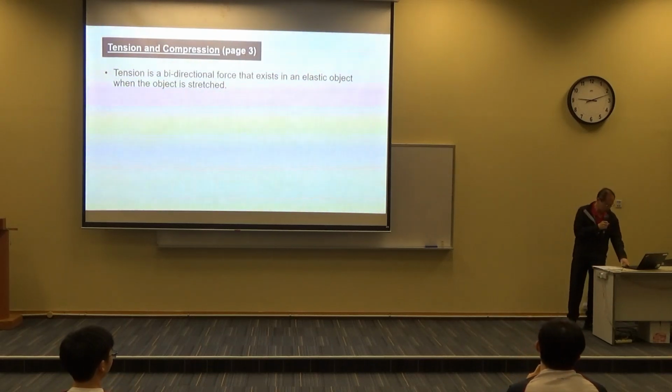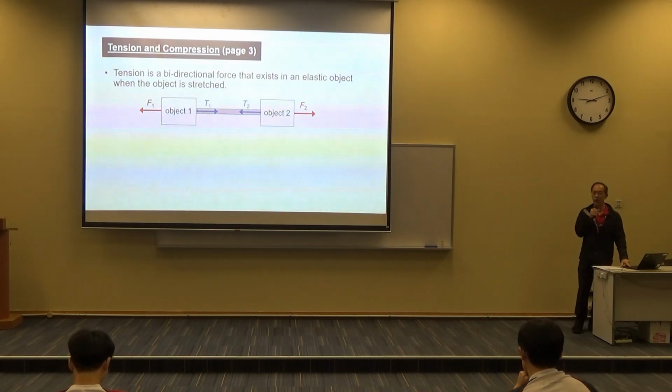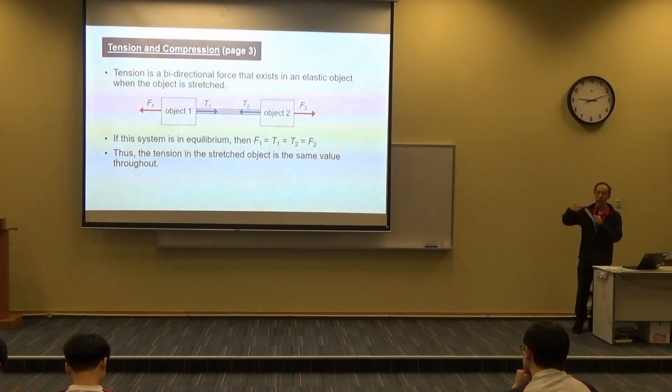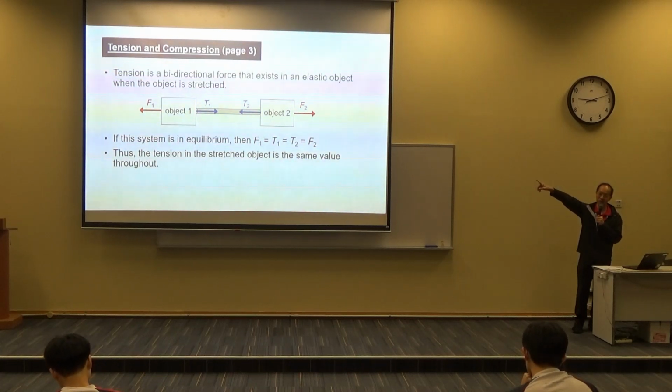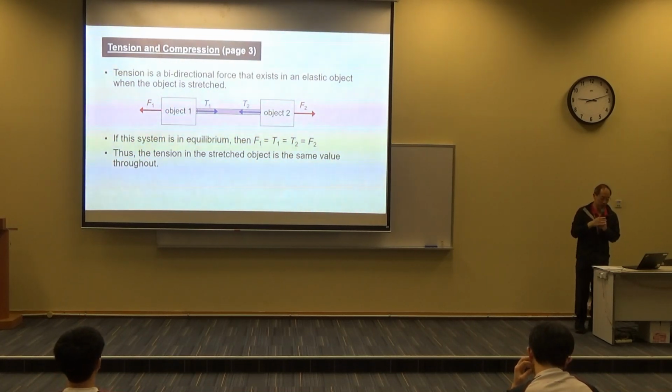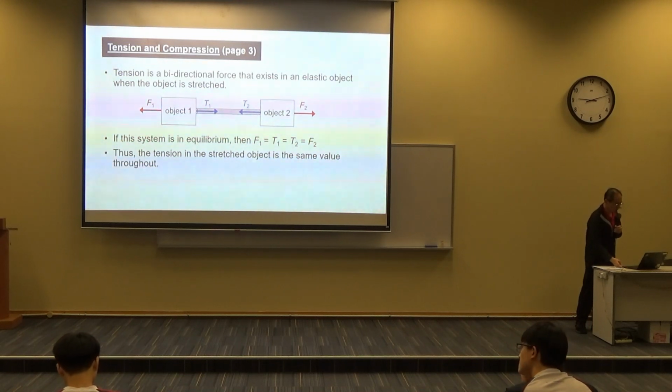It's a bidirectional force. And if you were to analyze whatever is written there, you will see that if I set up this system and the whole thing is in equilibrium, meaning nothing moves, then all the forces there must be equal. How do I know this? You can, of course, look at object 1 alone.